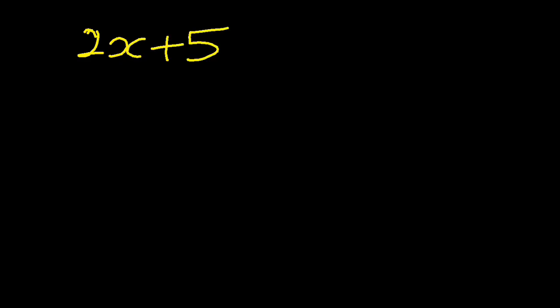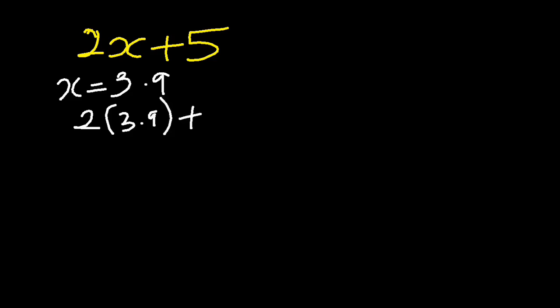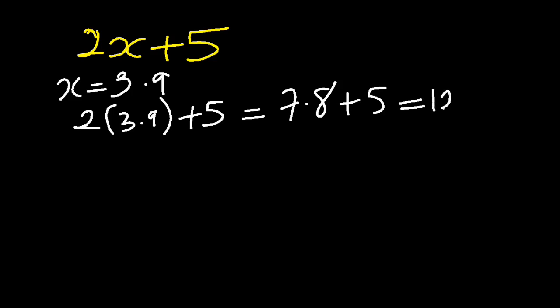So when x is equal to 3.9, starting from the lowest in our set of value, 2 into brackets 3.9 instead of x plus 5 is equal to 2 times 3.9, that is 7.8, plus 5 is equal to 12.8.